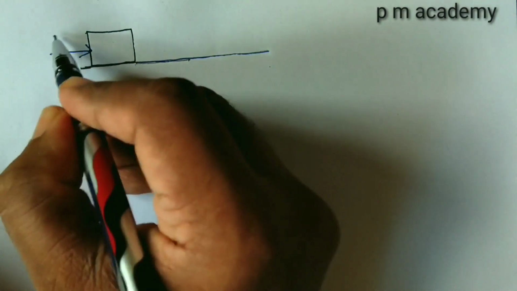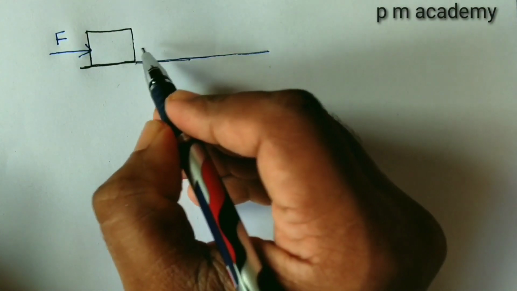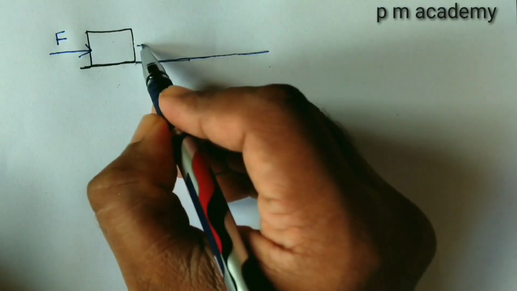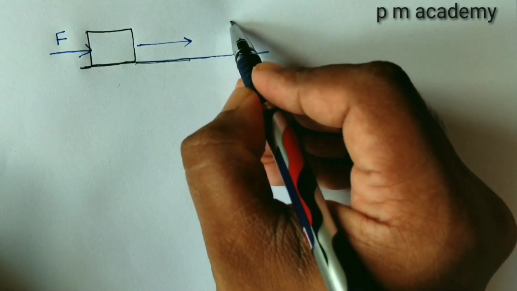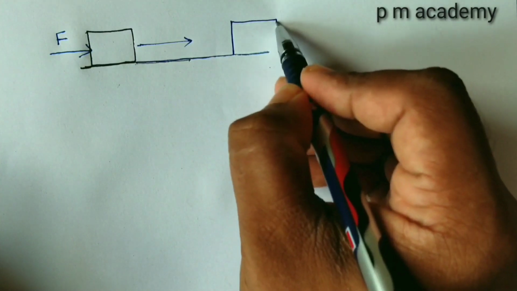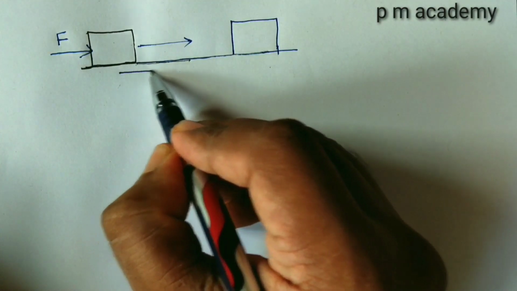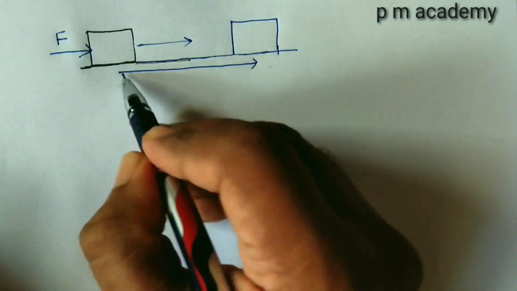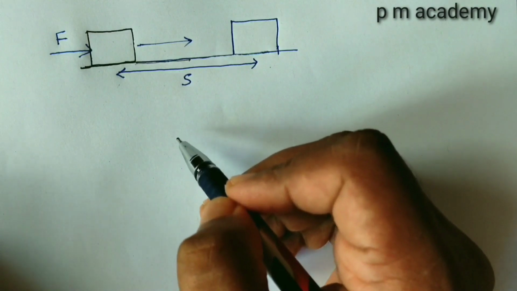If you are applying a force F to this object, that object will move in this direction. Imagine that the object moves and comes to another position here. Therefore, the distance moved by the object, or displacement of the object, is s.